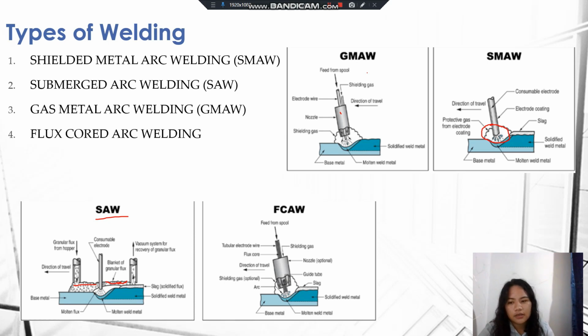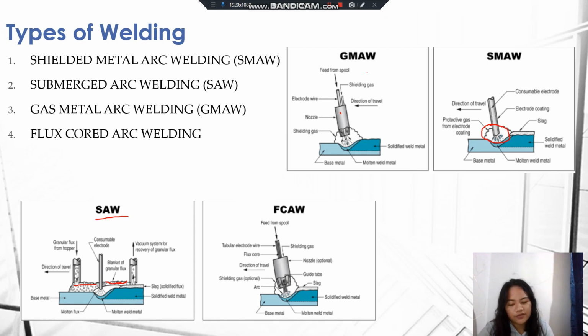Last is the flux cored arc welding. Parang similar lang siya dito sa gas metal arc welding. Ang pinagkaiba lang, hindi continuous yung fed filler metal ng electrode, tubular, and nagko-contain siya ng flux material within its core.